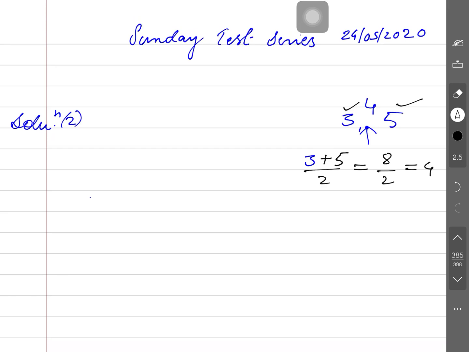So when two numbers are added and divided by 2, the mean number comes. Is that clear? This is a very simple, easy method to find one number between two rational numbers. So remember this method.